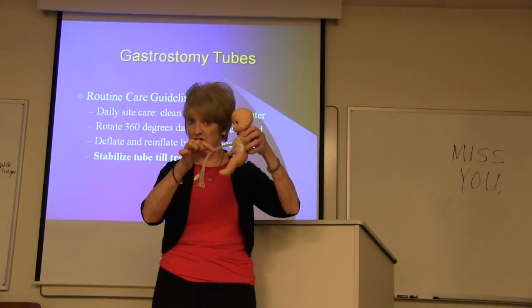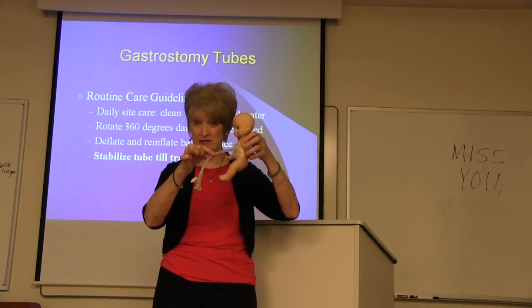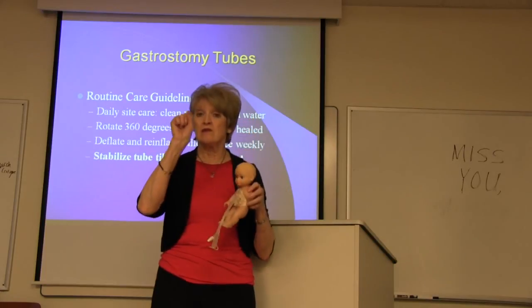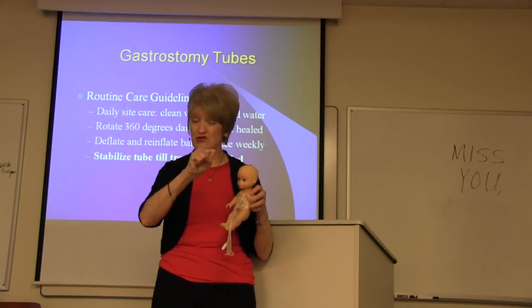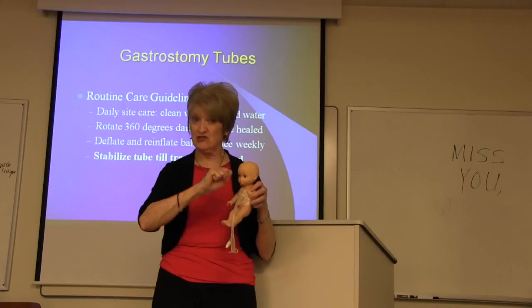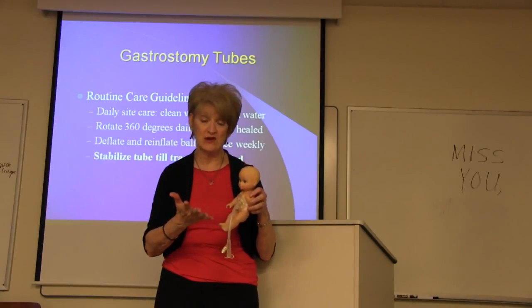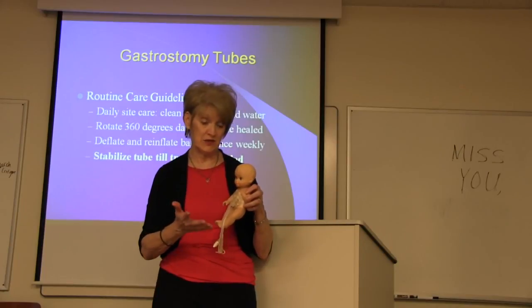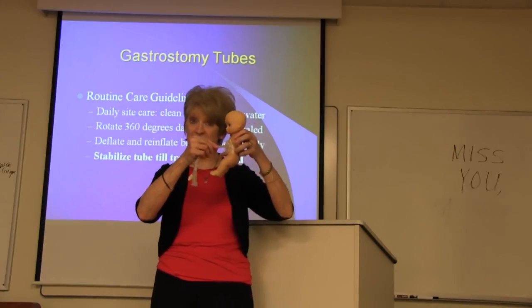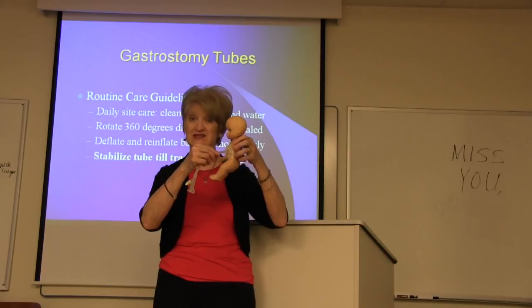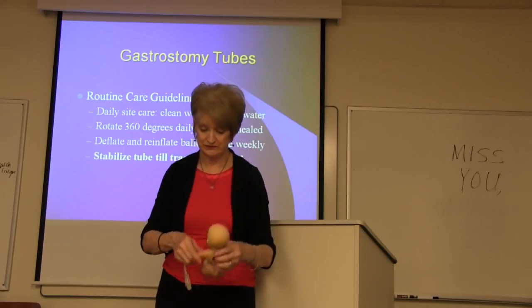That tube is not moving. It's not moving in and out. It's not moving back and forth. If you hold the tube stable, you get that sleeve of granulation tissue that forms around the tube. You have a well-healed tract. You have minimal risk of leakage and skin breakdown. So you want your staff to understand the importance of stabilizing the tube.